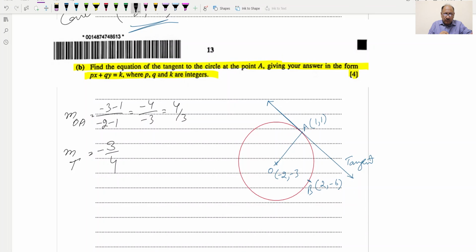Now we can use this point which is 1, 1, and we can write the equation of the line in point slope form. So y minus y1 is equal to m of the tangent into x minus x1, and we will be replacing values: y minus 1 is equal to the gradient of the tangent, minus 3 by 4, into x minus 1.